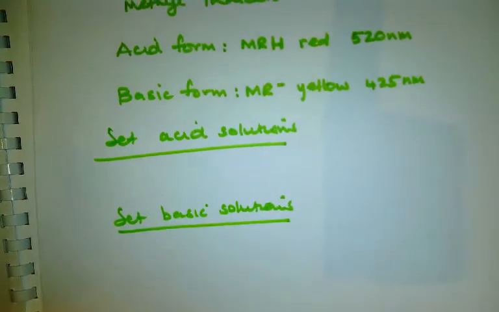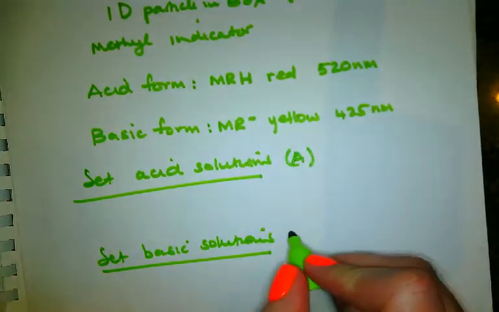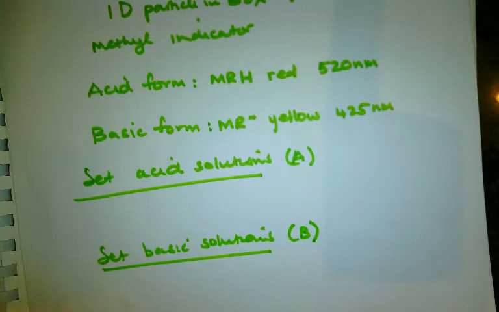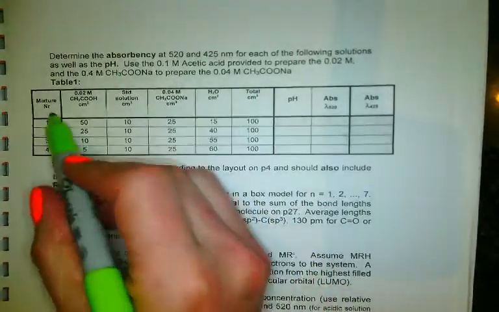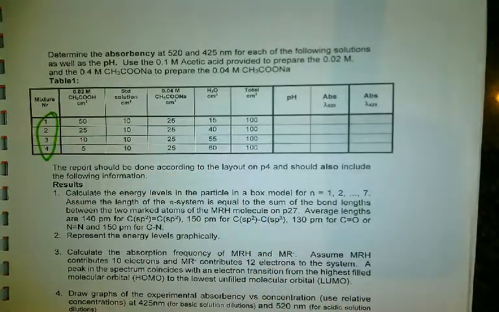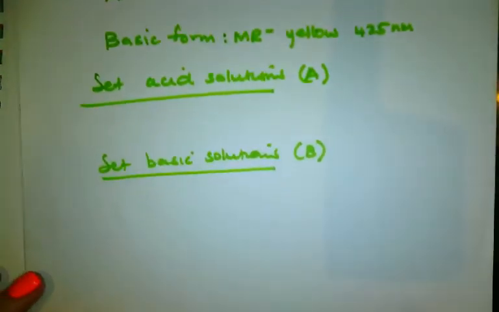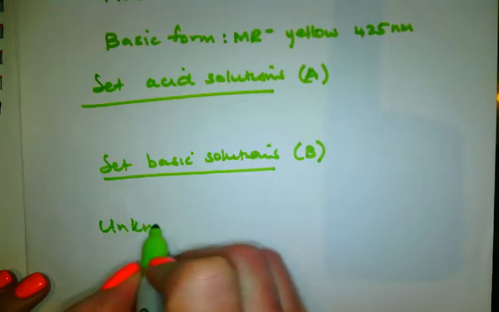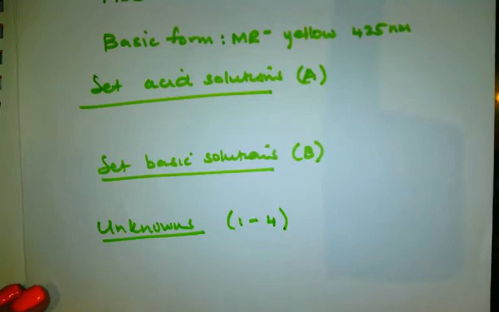These will be prepared from solution A and from solution B, your basic solutions, and then in addition to that you will also prepare some unknown solutions. These are your mixtures number 1 to 4. So that is your third set of solutions, your unknowns.